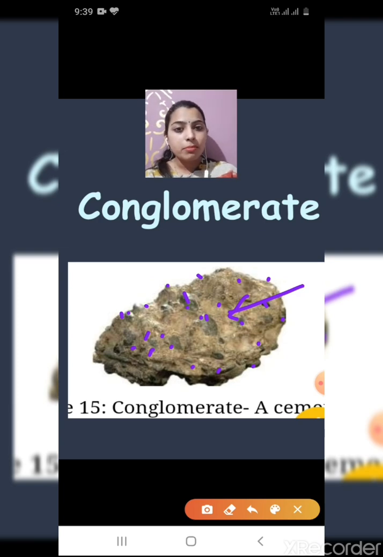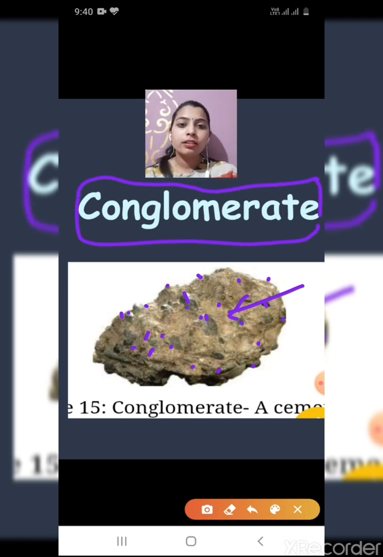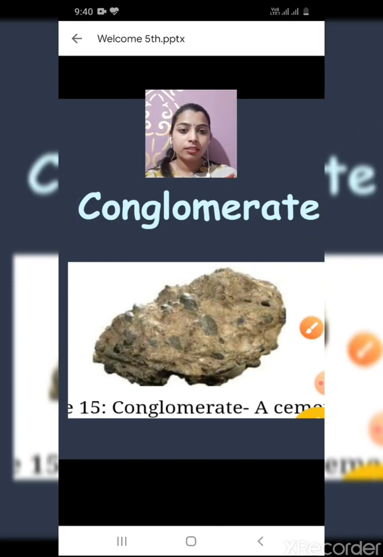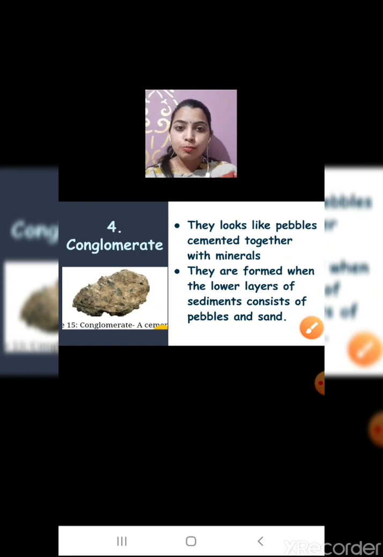So when these pebbles with sand are cemented together, then they form conglomerate rock. Alright? How many types of sedimentary rock have we studied? Four. Four types of sedimentary rocks. Alright?